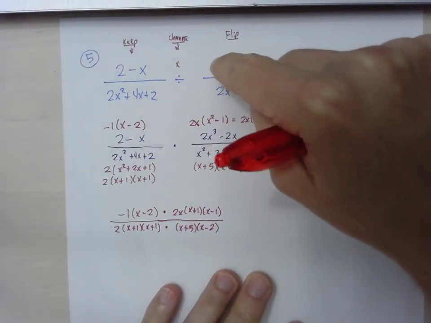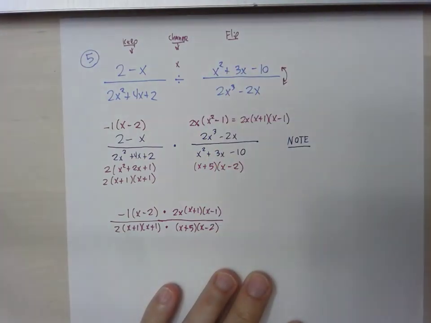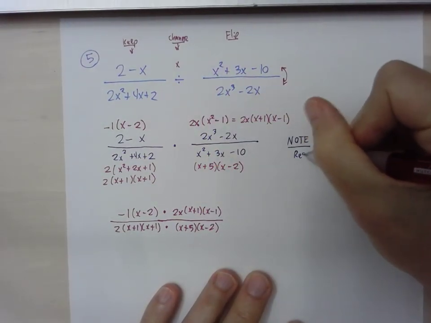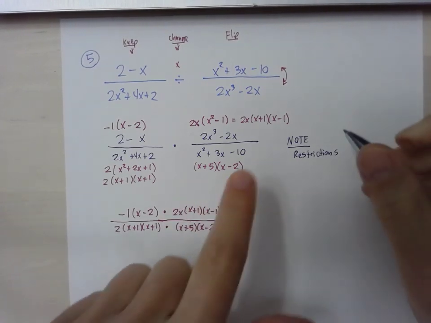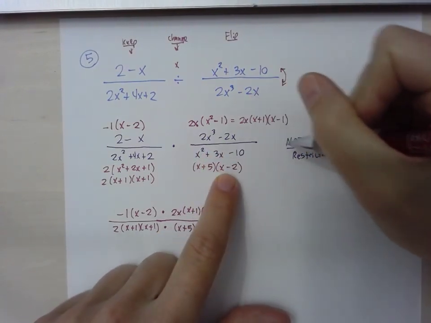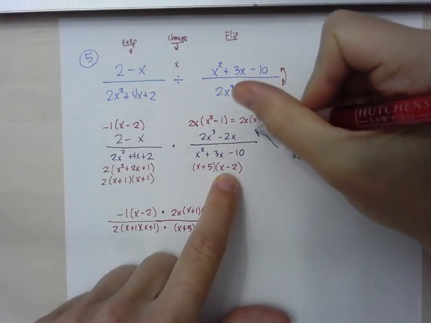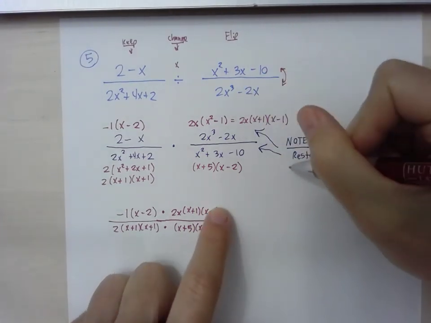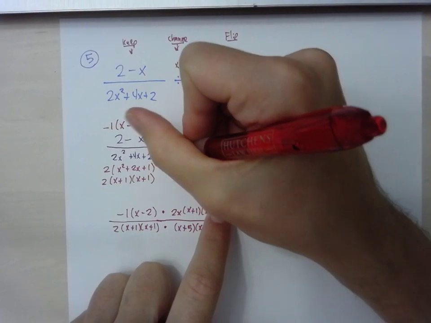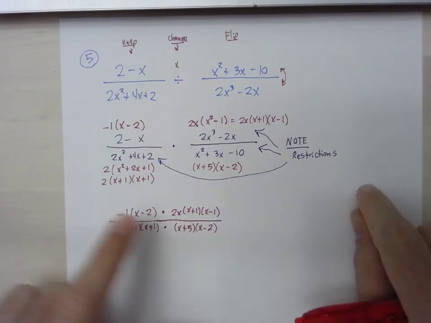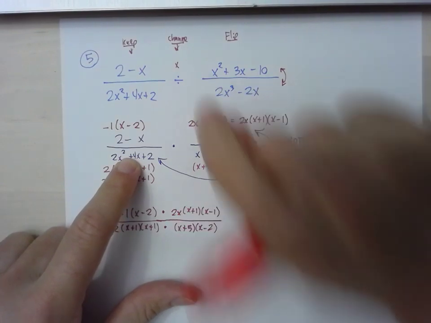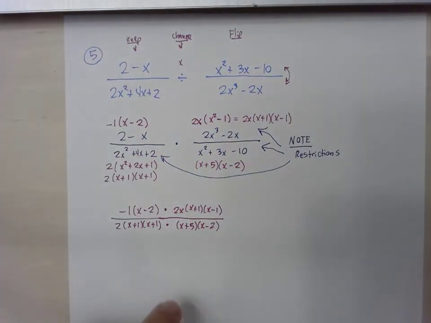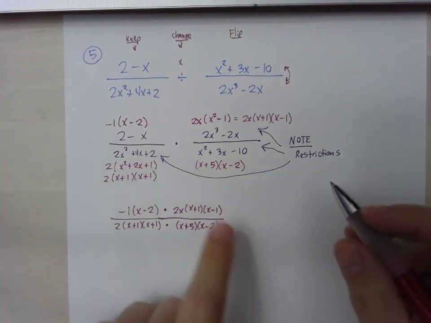So restrictions are going to apply to both of these as well as that section there, okay? So whatever makes this and this 0 in a division problem only are considered your restrictions. So I want to talk about that first before we cancel out and forget about them.